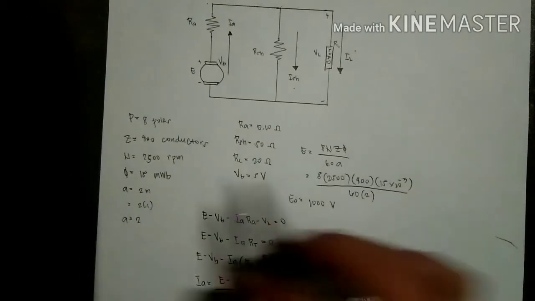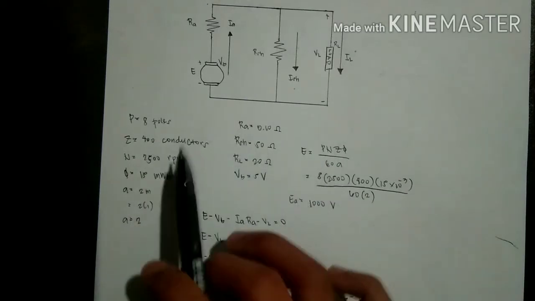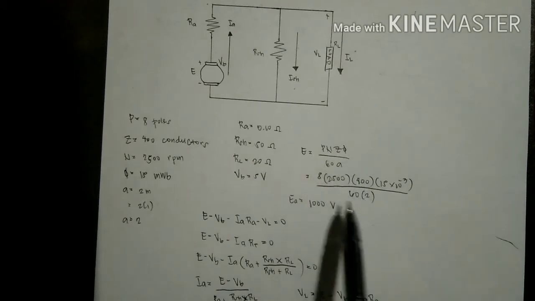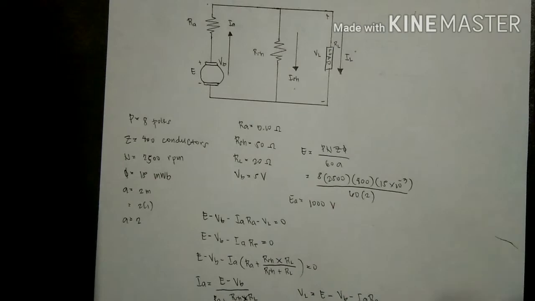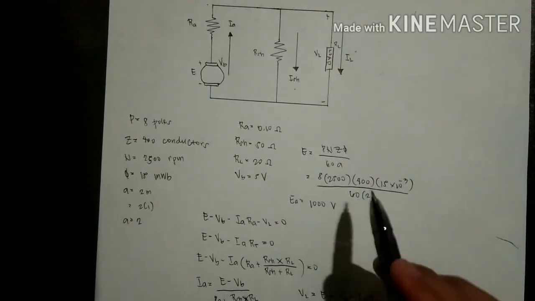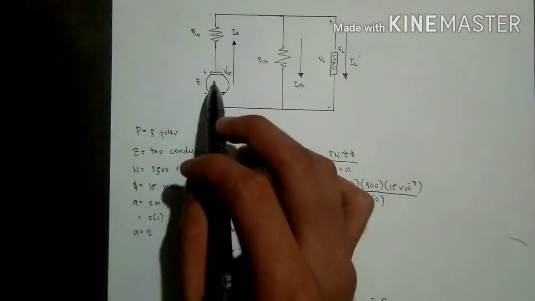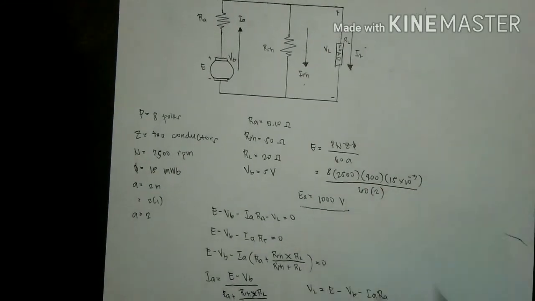Since we have the values, we simply substitute them. After calculating, we have a generated EMF in the armature equivalent to 1000 volts.